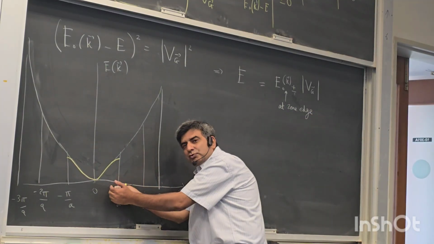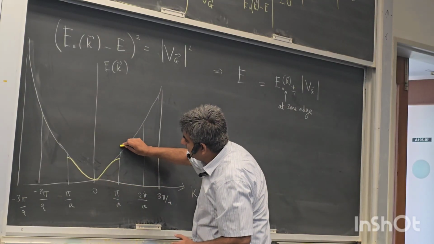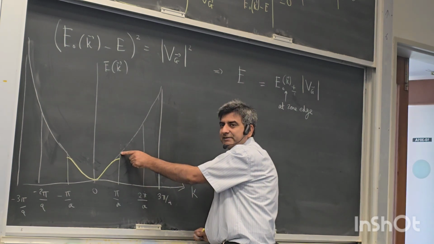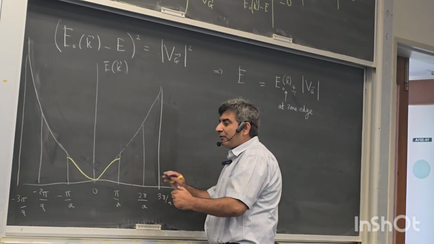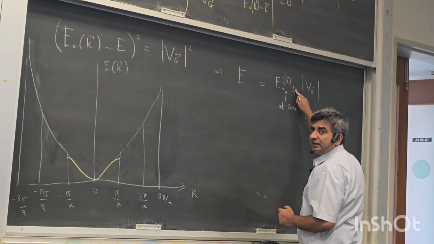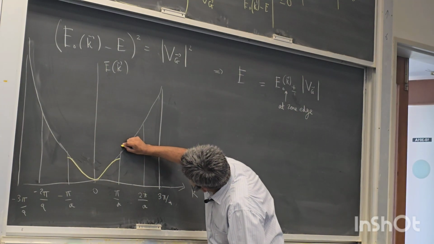As you cross this zone boundary, the dispersion relationship, in normal circumstances, would have retraced this white path. But now it starts from higher above because there's a positive sign. So it goes like this.